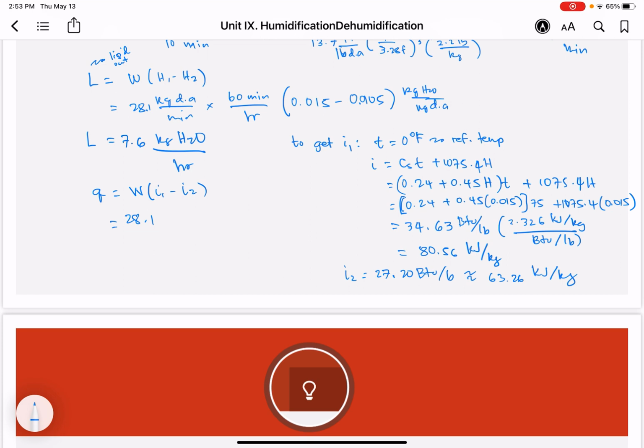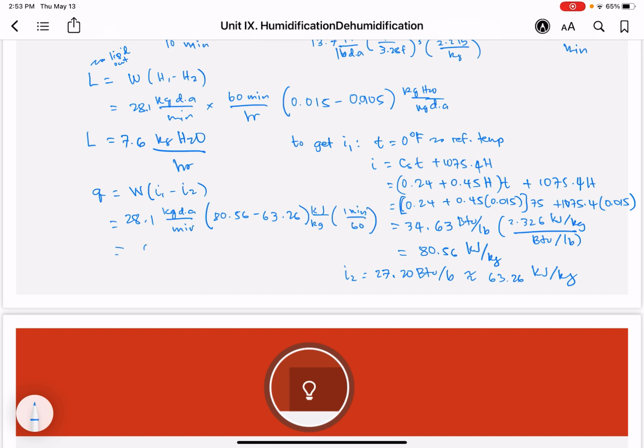Plotting the given, I would have Q to be 28.1 kilogram dry air per minute, times I1, which is 80.56, minus I2, 63.26. This is kilojoules per kilogram dry air, and multiply by 1 minute per 60 seconds.